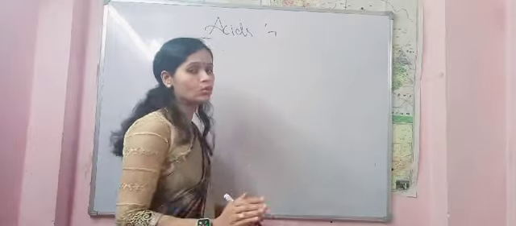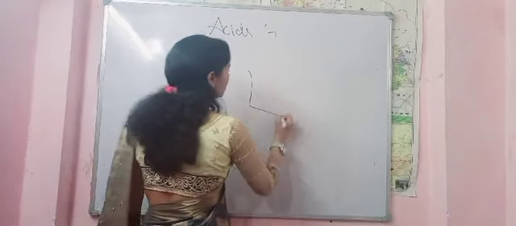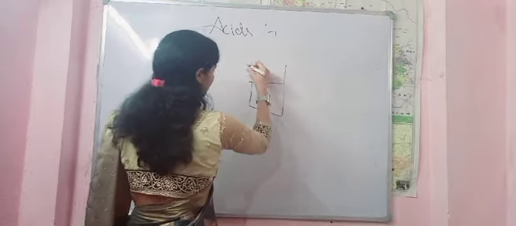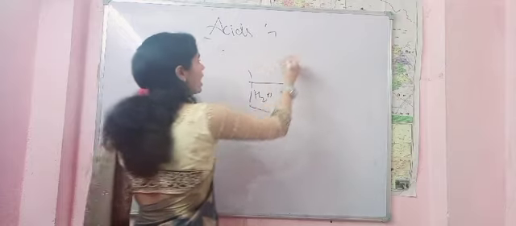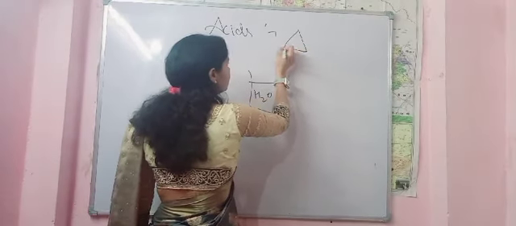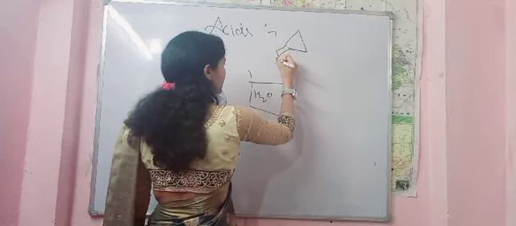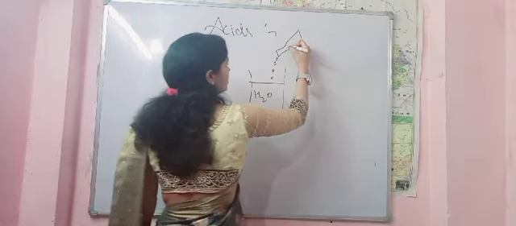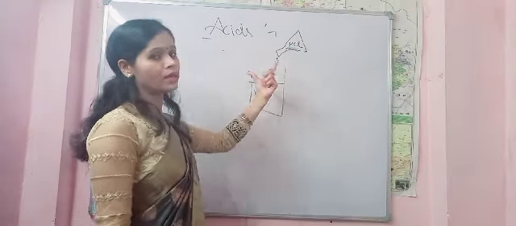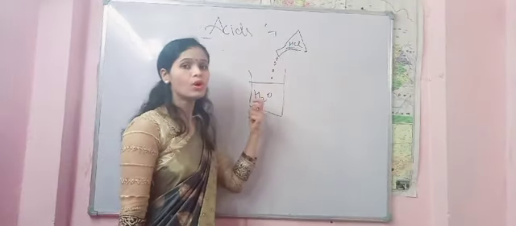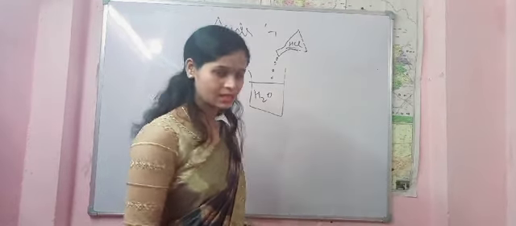Whenever you dilute a concentrated acid, take a beaker, fill it with H2O, that is water, and add drop by drop concentrated acid, let's say HCl, to it. This process is known as dilution of acids.